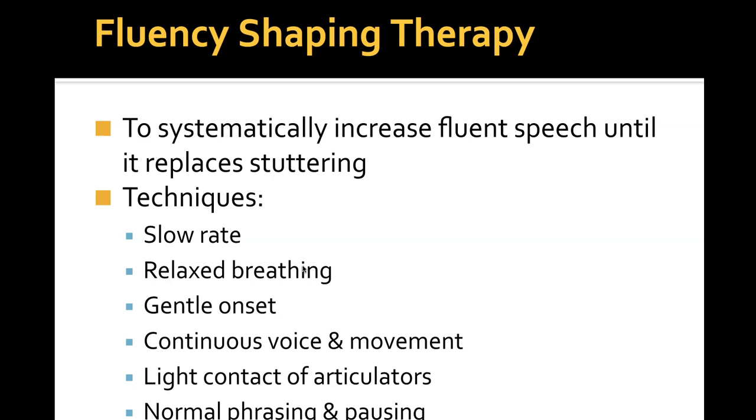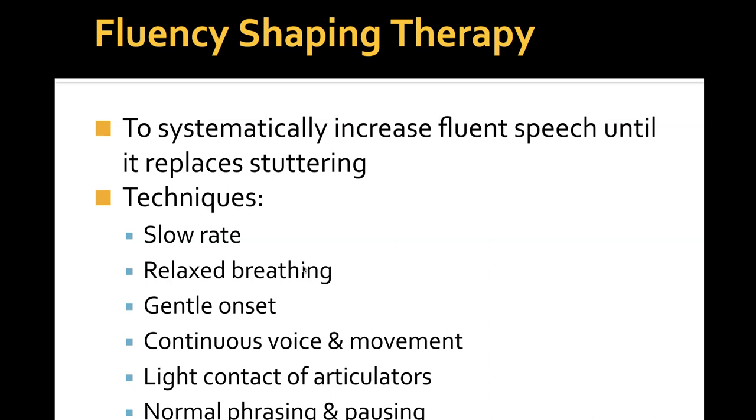Gentle onset is sometimes called easy onset, and it's short for gentle onset of voicing or easy onset of voicing, where we're going to start out really quietly when we begin our utterance, and then get up to a normal loudness level, normal tension level. So a very easy onset of voicing as we go.